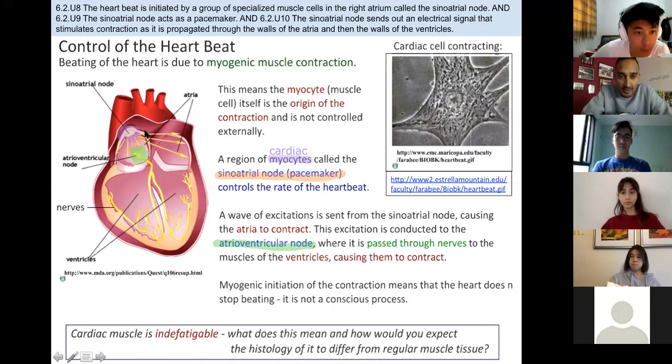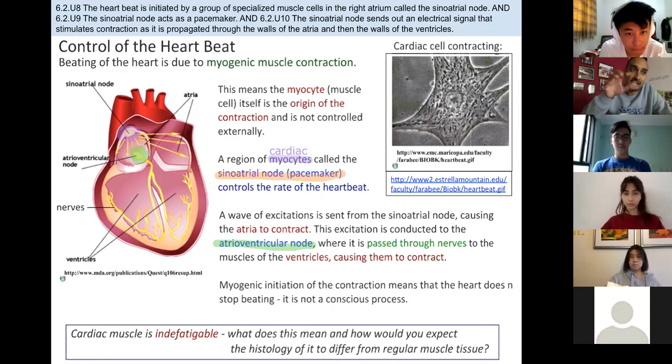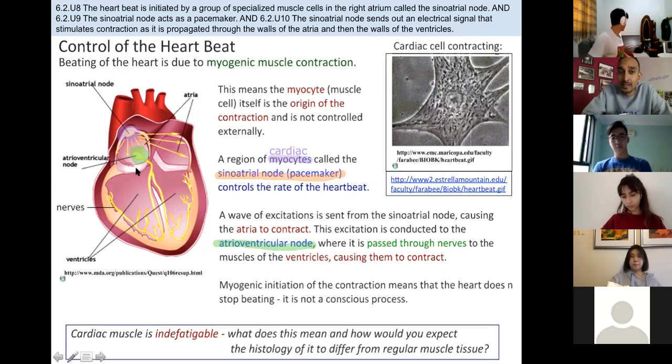Notice these yellow arrows, they're not nerves. They're showing a signal being sent across the atria. The AV node is not directly connected to the SA node. There's a gap, a space. The AV node, however, is directly connected to this whole set of nerves that goes down through the septum and up and around the ventricles.